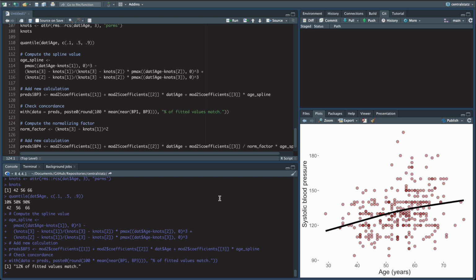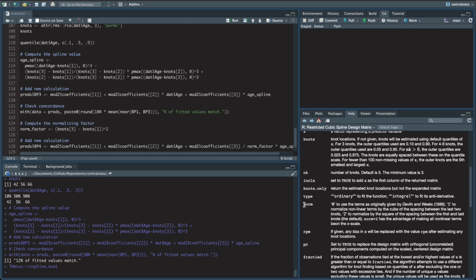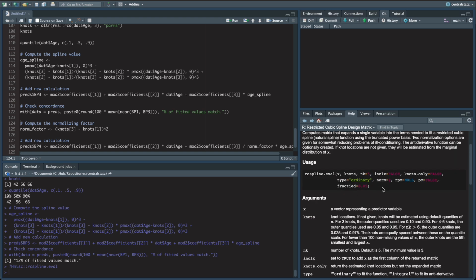within these functions. So if we look at some documentation for this rcspline.eval function within the Hmisc package, which is just a kind of a subpackage of RMS basically, there's this parameter or argument called norm, and we can see that the default value of norm is 2.